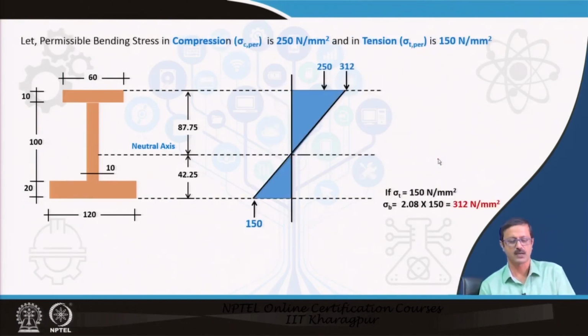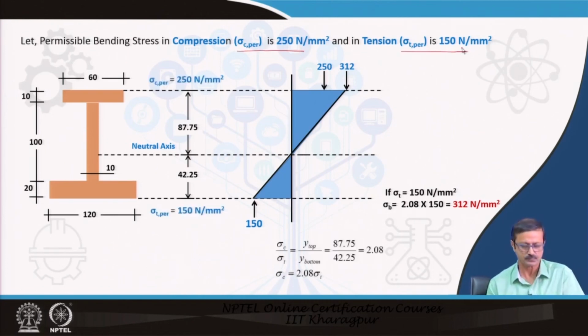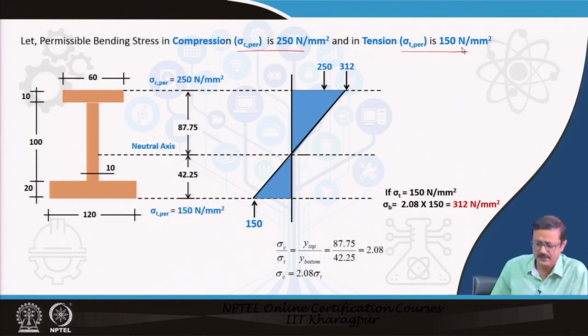Now, if you remember, we have told that the sigma c permissible, that is the compression permissible, is 250 and the tensile permissible is 150. Now, between sigma c and sigma t there is a relation governed by these two equal triangles. From the property of the triangle, sigma c by sigma top is equal to sigma t by sigma bottom.